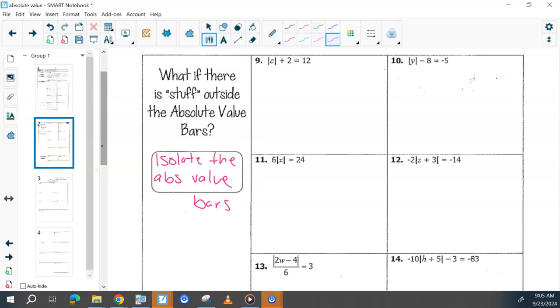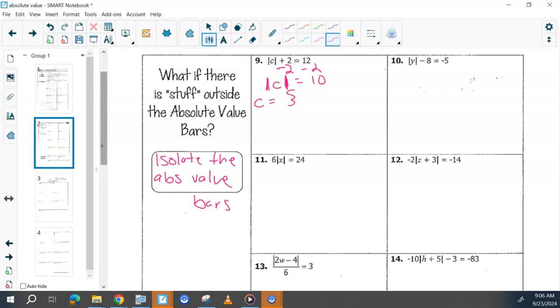So what would we do here in number 9? So when we do this, this needs to stay in absolute value bars until it's completely isolated. So until we get to this step. Then, once it's in that step, we can drop the absolute value bar and set it equal to a positive and negative.